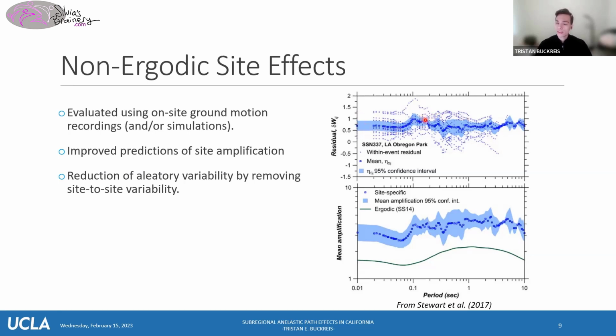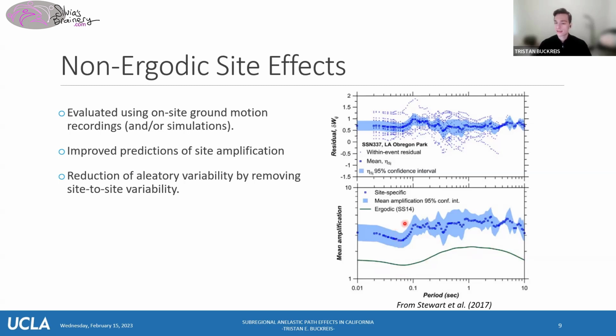Then we can compute a site term, which is the darker blue squares, that has some standard deviation or dispersion about it because of the data. This site term represents the bias of amplification at your site, and we can add it onto what the model uses. This ergodic green line is what the site amplification model looks like in a typical ground motion model.